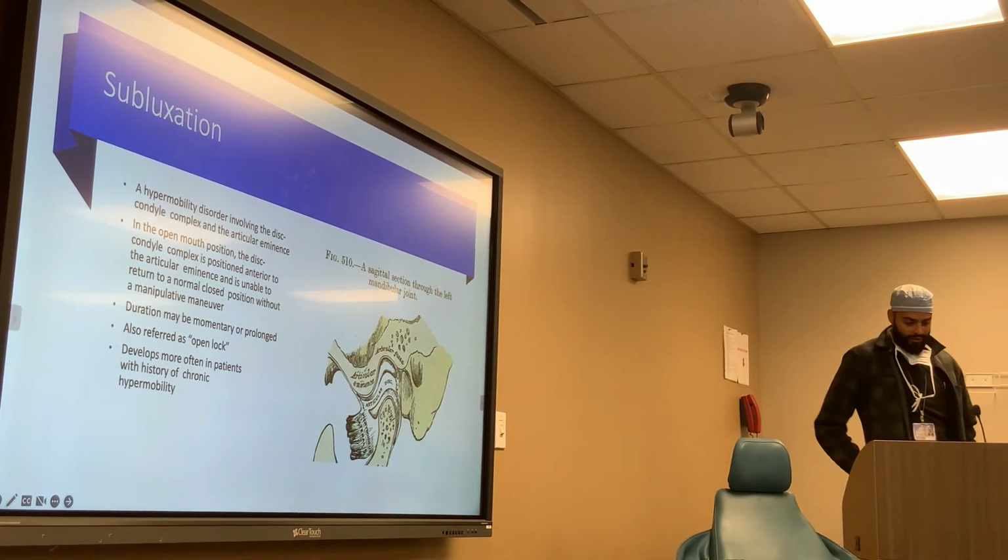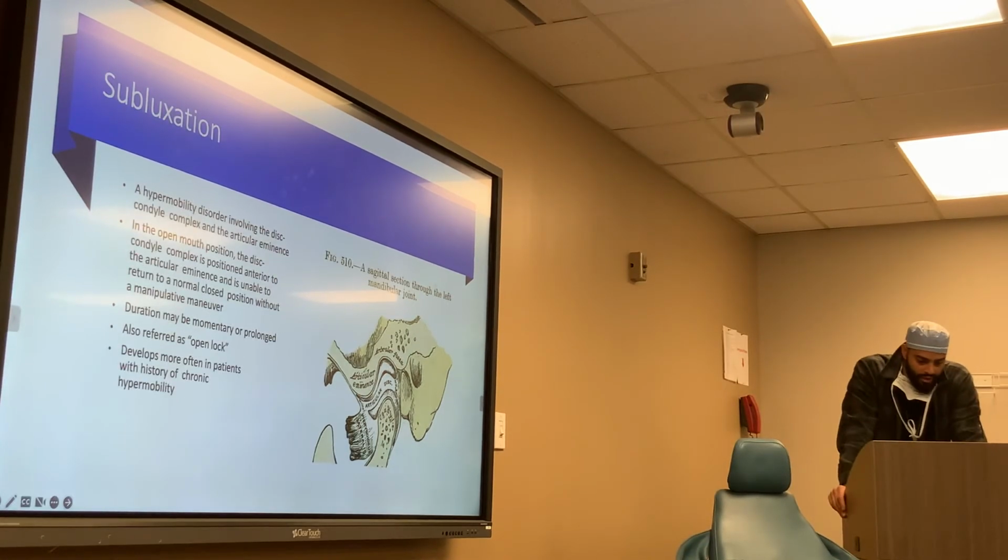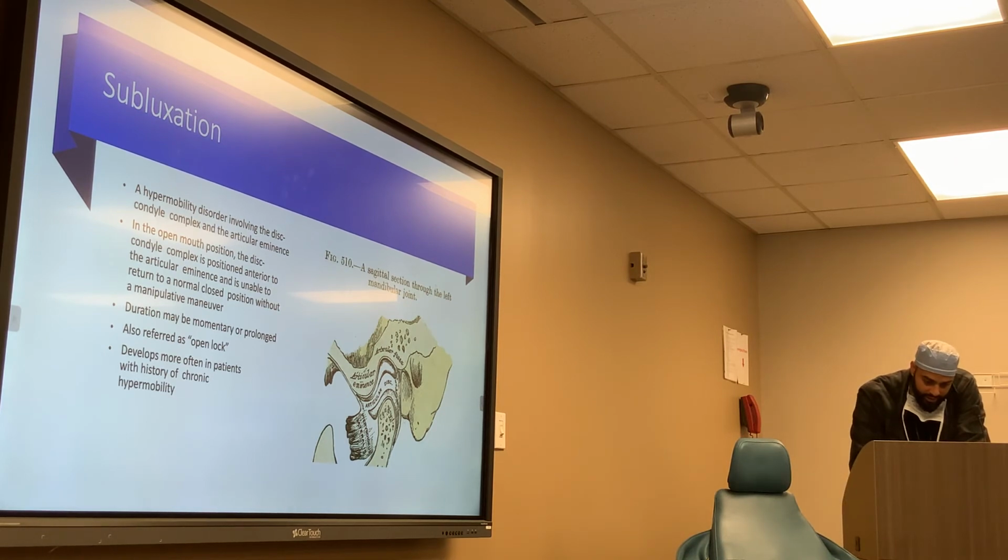Okay, so as you guys can see on the slide, it's a hypermobility disorder, meaning you're open beyond the natural opening. It involves the disc and the condyle as well as the articular eminence, which is right here. When you're opening, the disc and condyle complex is anterior to the articular eminence.